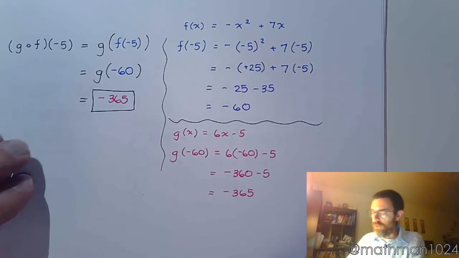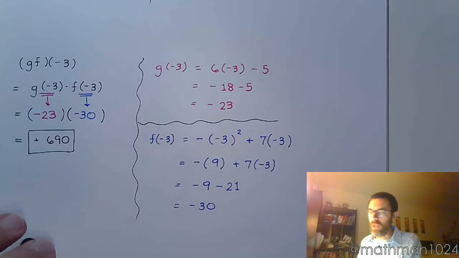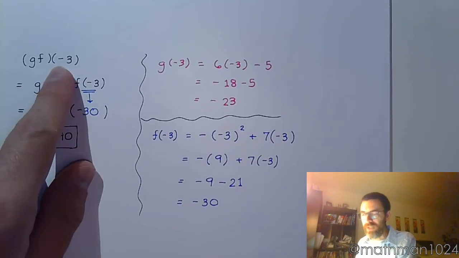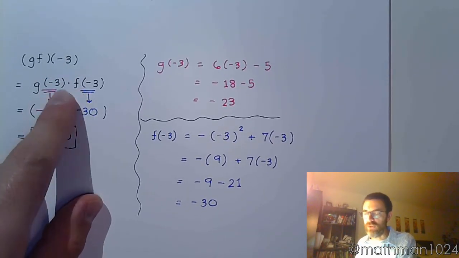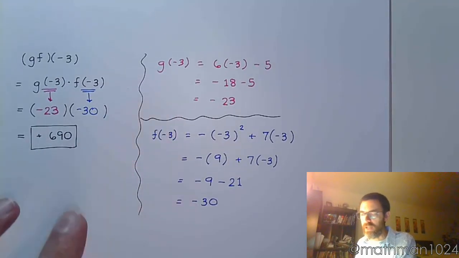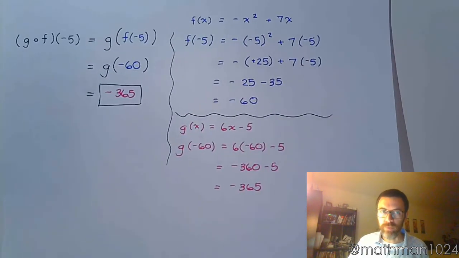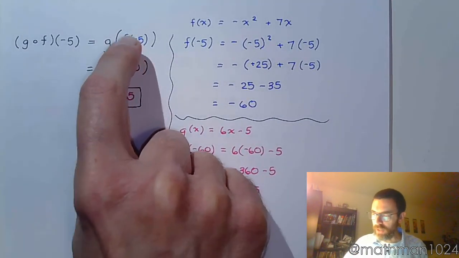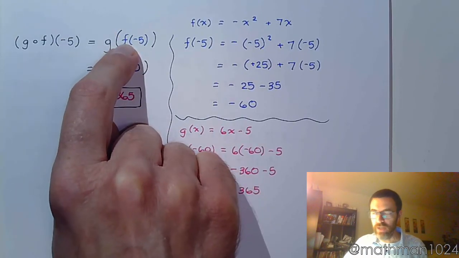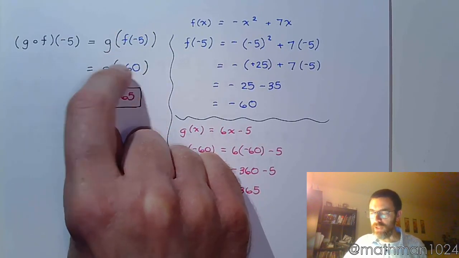With function operations, you're going to plug negative 3 into each of these functions. So you do that off to the side, and you bring the work back together, and you either add, subtract, multiply, or divide. With function composition, however, you plug this number into one function, and then that result gets plugged into the other function.